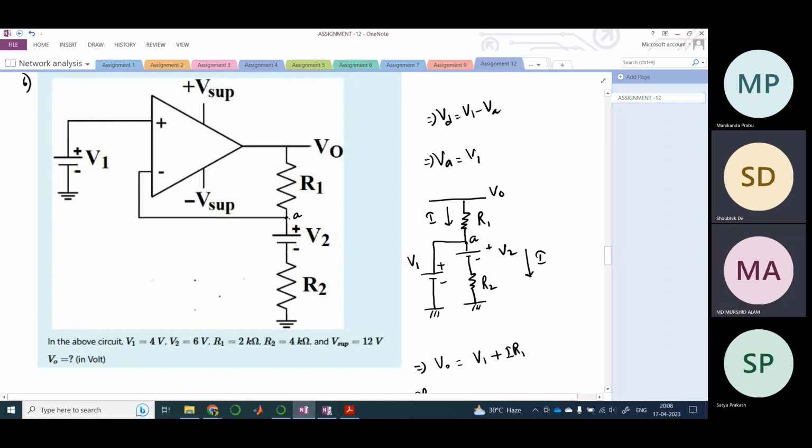If there is another voltage source connected across this path, let's say VB, then your VA would be V1 minus VB. In that case, you can't directly apply the ideal op amp theorem. You need to find the difference and then apply. Got it, sir. Okay.